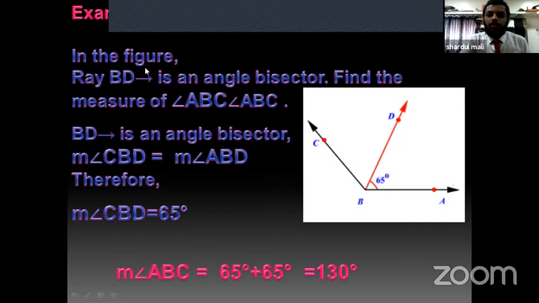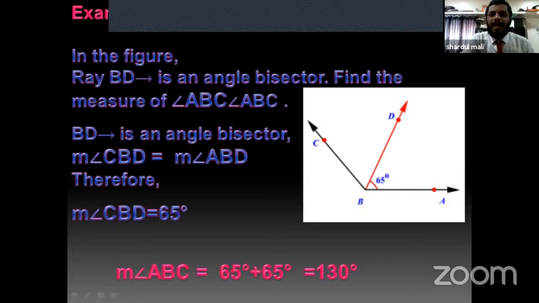Here ray BD is an angle bisector, and we find the measurement of angle ABC. Because ray BD is an angle bisector, angle ABD and angle CBD are equal angles, or congruent angles.